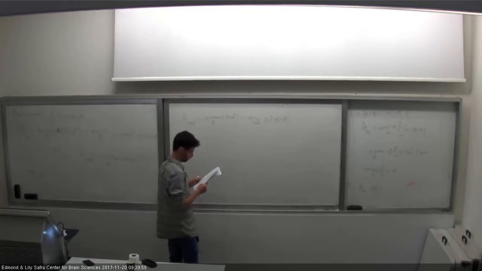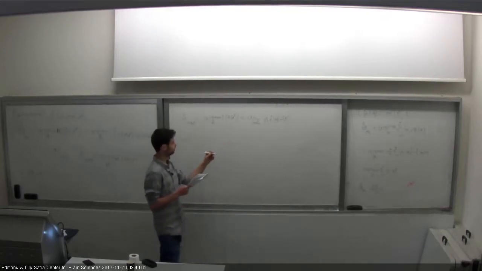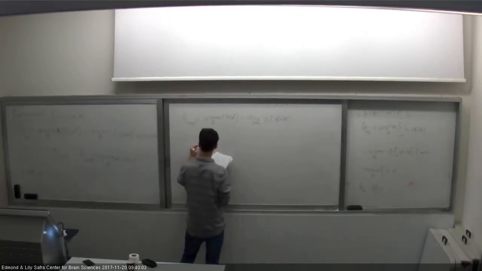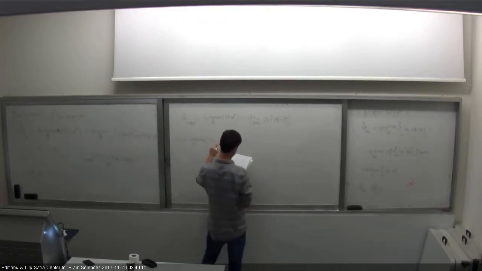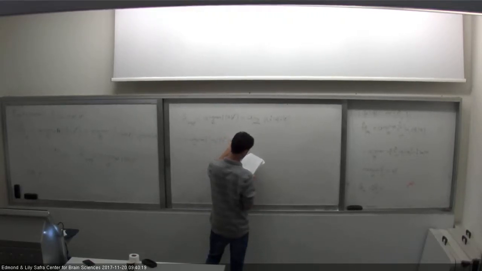And if we take the log of it, we get that it's equal to the sum of the log of the likelihood plus the log of the prior.